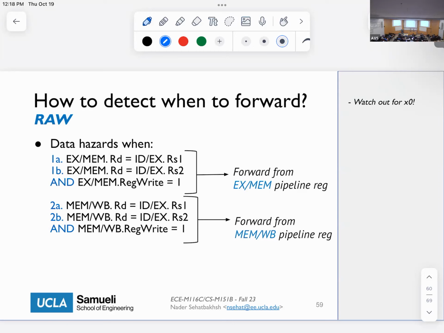So for my RAW data hazards for registers, this is what we are going to check.